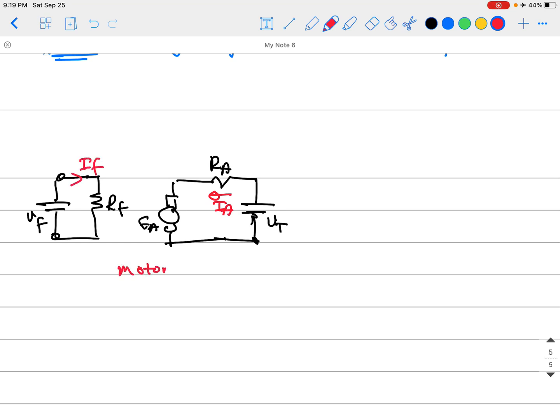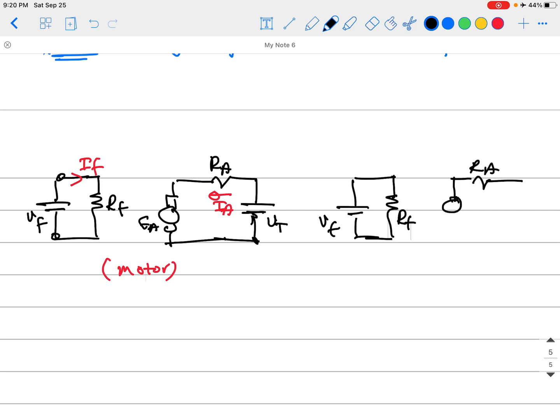So that is for motor mode. For generator mode, it will be the same field circuit, and that's why I'm saying we need voltage applied to the field circuit irrespective of the type of machine. And that is the armature circuit, that is EA, and now you have this terminal, and the current is just moving out of the machine because that's a generator.